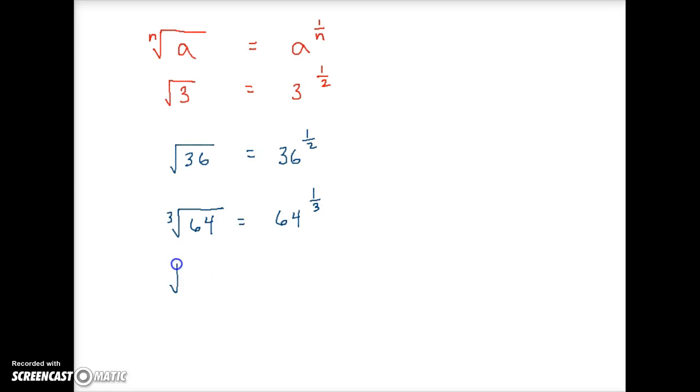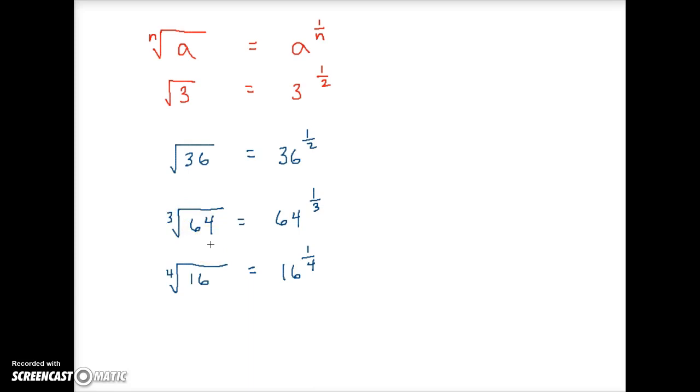And the fourth root of 16 is equal to 16 to the 1/4 power. Notice we haven't simplified any of these. All we've done is rewritten them from radical form to rational exponent form. And we can go backwards. If we have 64 to the 1/3 power, we can rewrite that as the cubed root of 64.